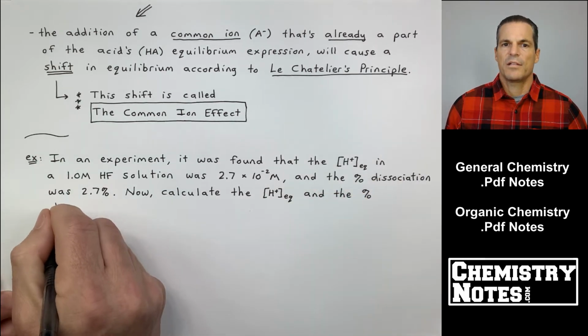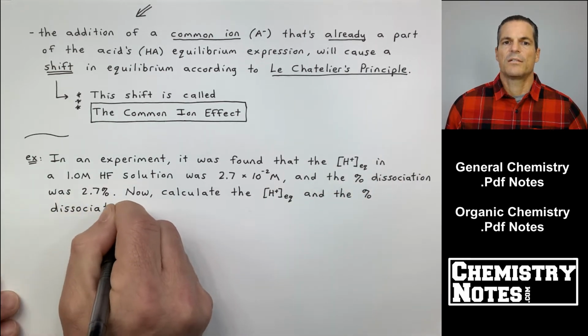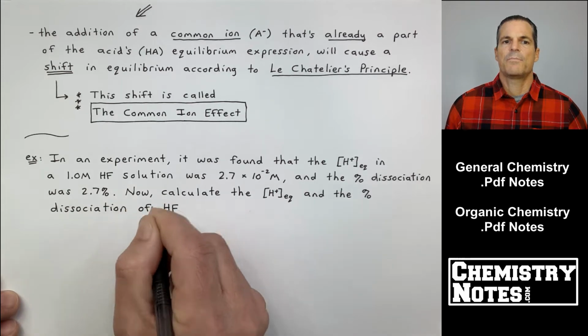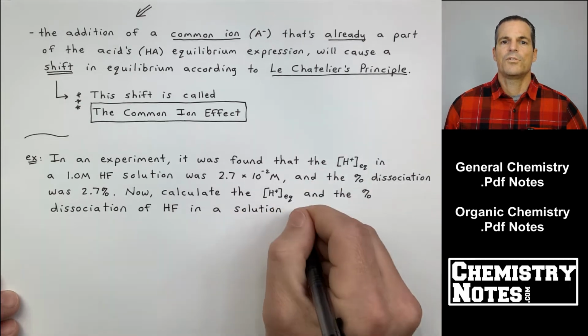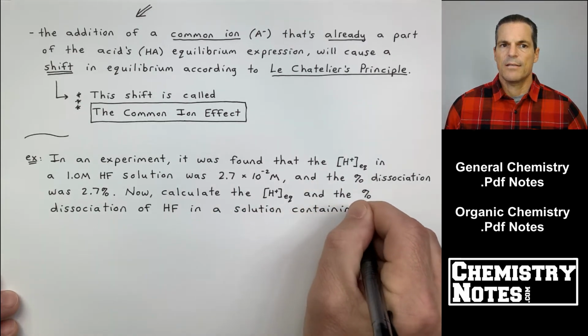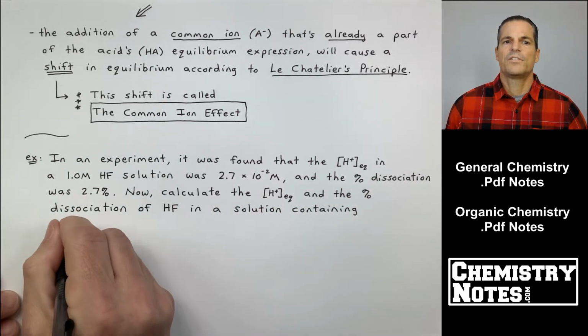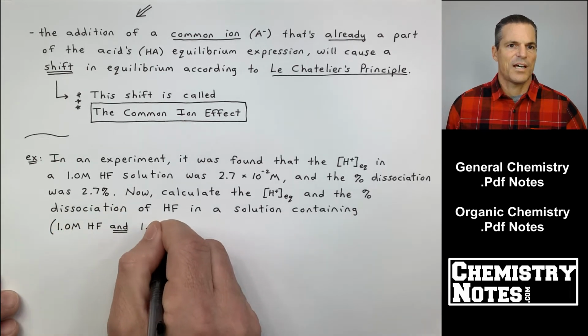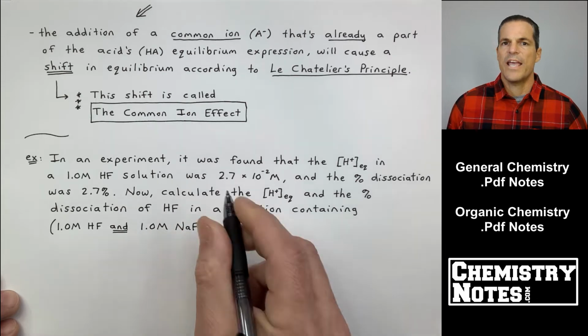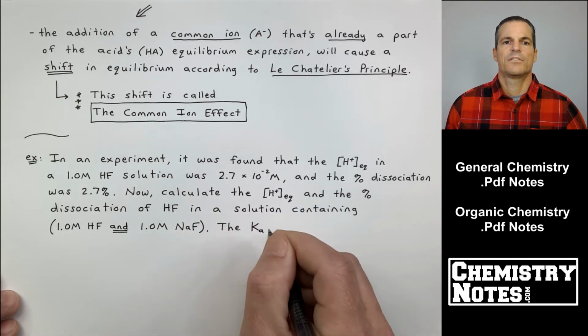Now calculate the hydrogen ion concentration and the percent dissociation of HF in a solution containing 1.0 molar HF, just like before, but also this time we have 1.0 molar NaF, the salt.